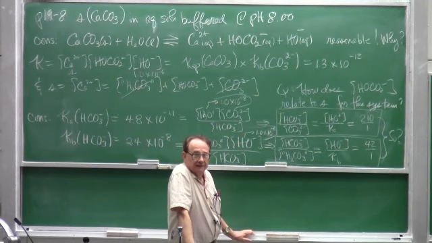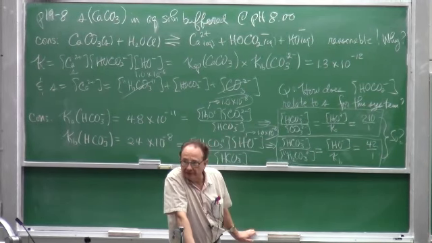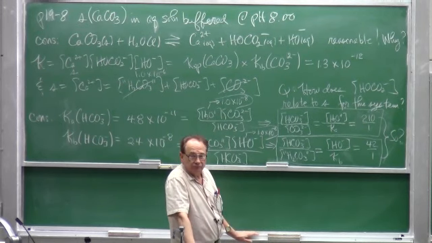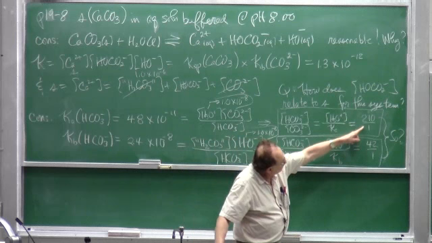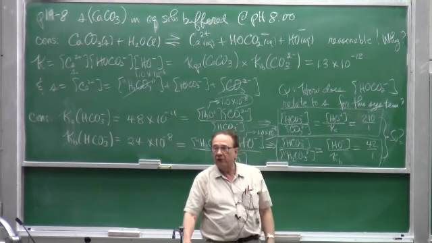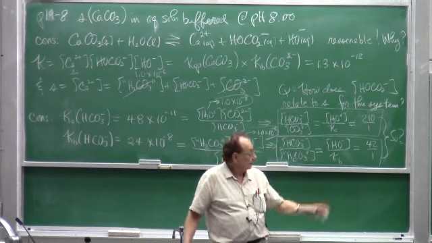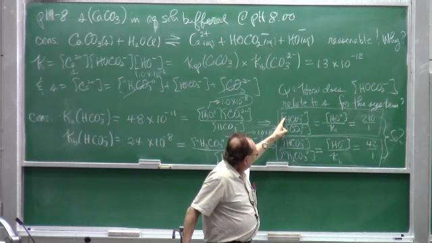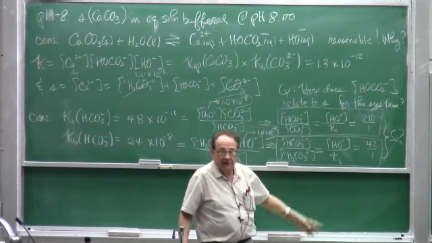Okay? So let me show you how to let this talk to you. This is at pH 8. What is this ratio going to become at pH 6? It's 210 to 1 at pH 8. What's it going to be? What's this bicarb to carbonate ratio? What's this going to be at pH 6?